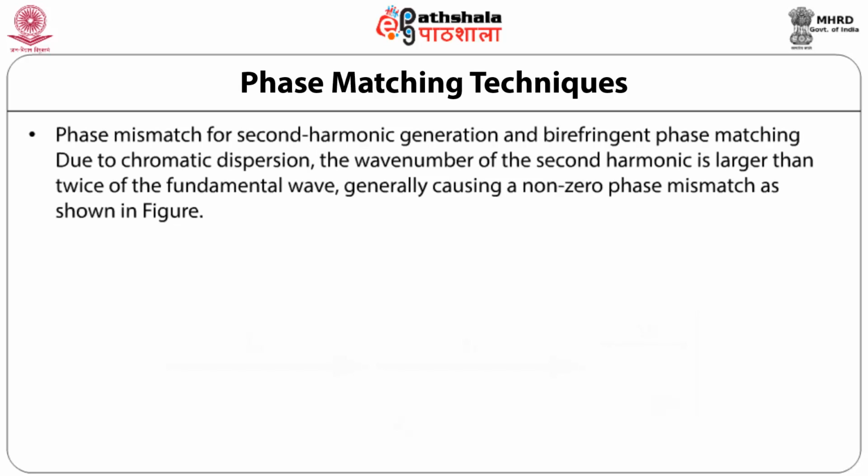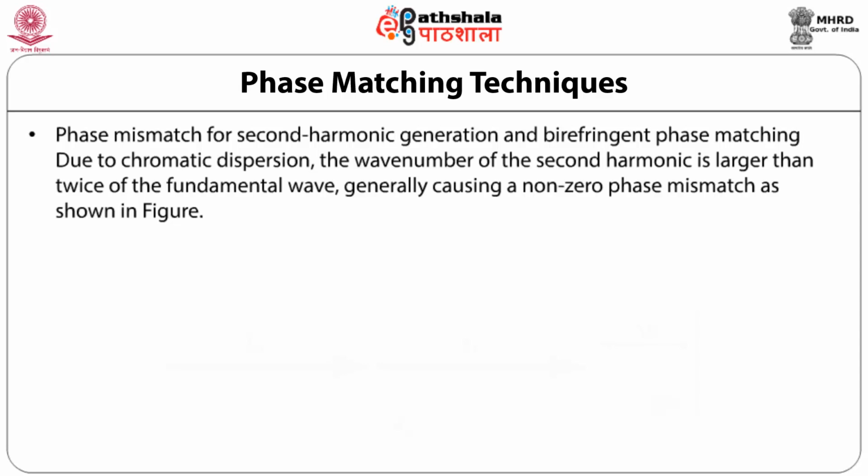Phase matching techniques. The chromatic dispersion of an optical medium is the phenomenon where the phase velocity and the group velocity of light propagating in a medium depend on the optical frequency. Absence of chromatic dispersion would lead to k2 equal to 2k1, and the phase mismatch vanishes.